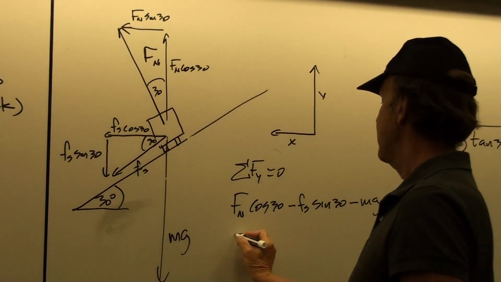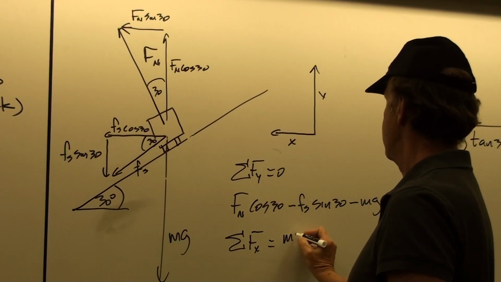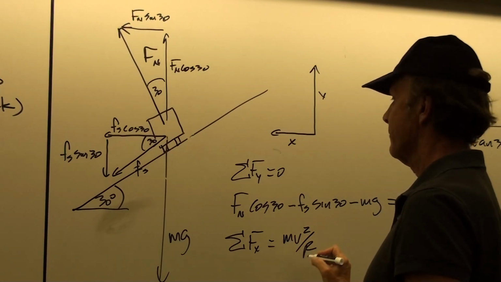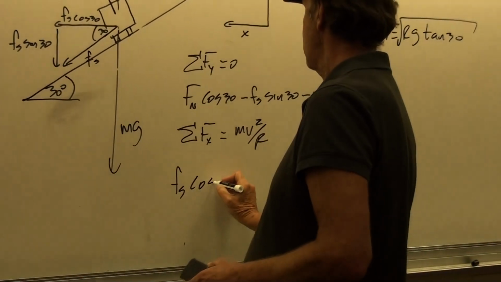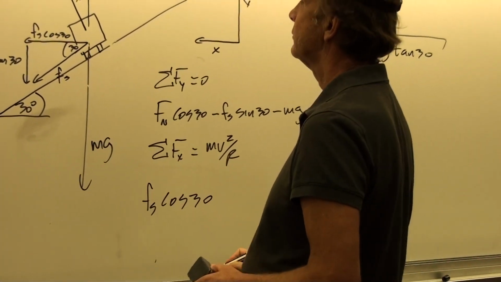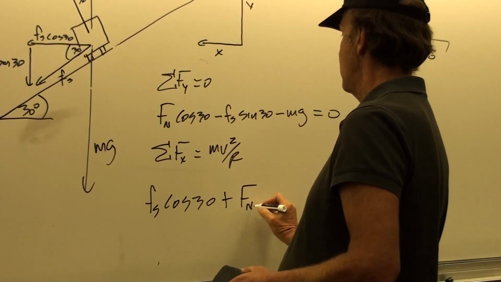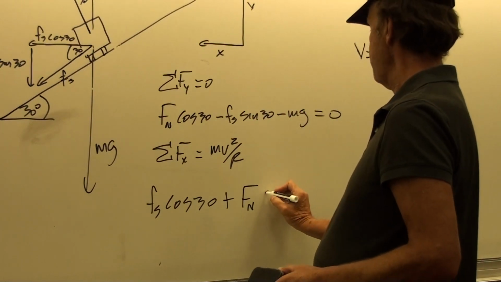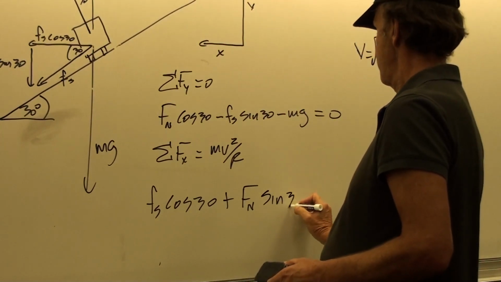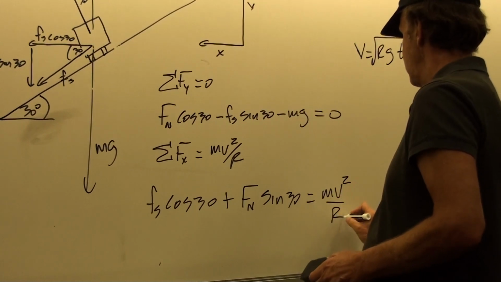And then the sum of the x forces have to equal mv squared over r. And so the x forces then are going to be F static cosine 30 plus F normal times the sine of 30 equals mv squared over r.